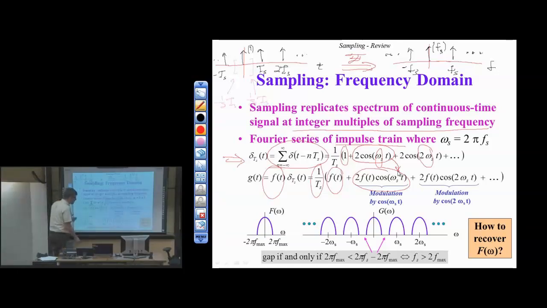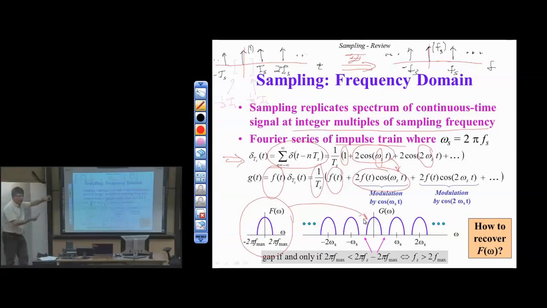So if we look at what happens in the frequency domain, if I start with a baseband signal, an ideal baseband signal, no noise, the max frequency is f max in hertz, 2 pi f max in radians per second. If I sample this, the actual spectrum comes through as is, which is that part.